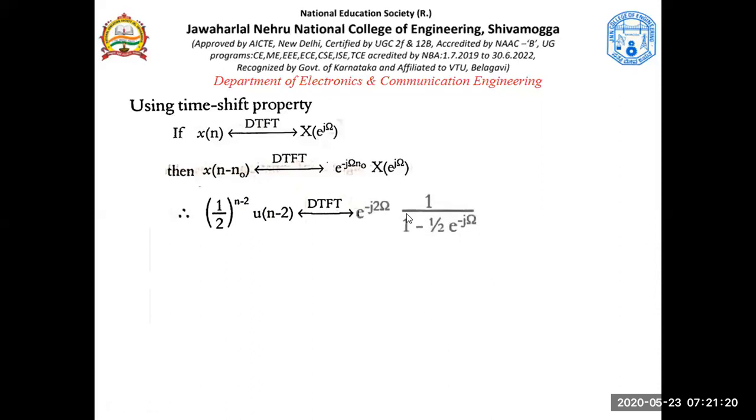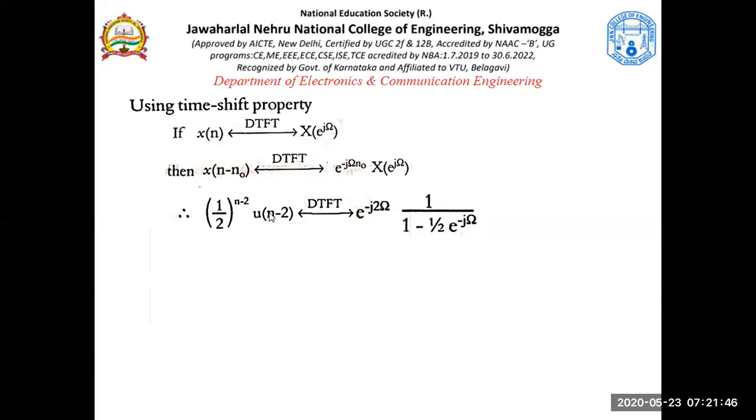Along with that, we have to bring this exponential. Since we have half power n minus 2 and u of n minus 2, this exponential comes. Since there is minus 2, it is e power j omega to the power minus 2.